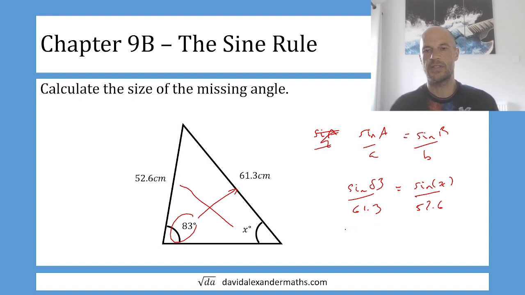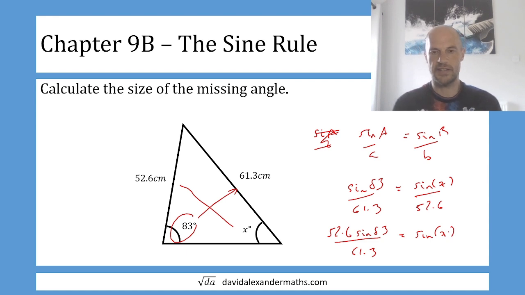So multiply both sides by 52.6, I'll get 52.6 sine 83 over 61.3. And remember, this isn't x, this is the sine of x. Of course, you can write sine 83 over 61.3 times 52.6. You don't have to write 52.6 sine 83 like I have if you don't want to.